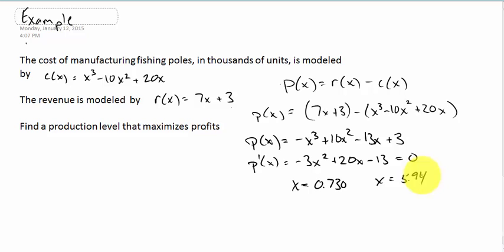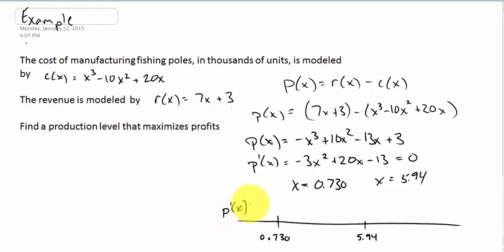Now, how do we know which one of these is going to give us maximum profit? Well, we can use a sign diagram. If we put into our function for the derivative, our marginal profit, what we will find is that the marginal profit for, say, x equals 0 is less than 0.